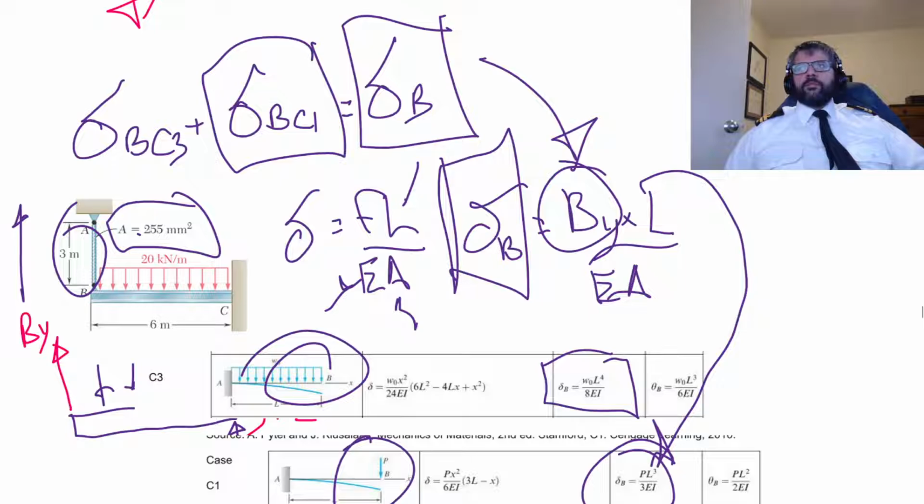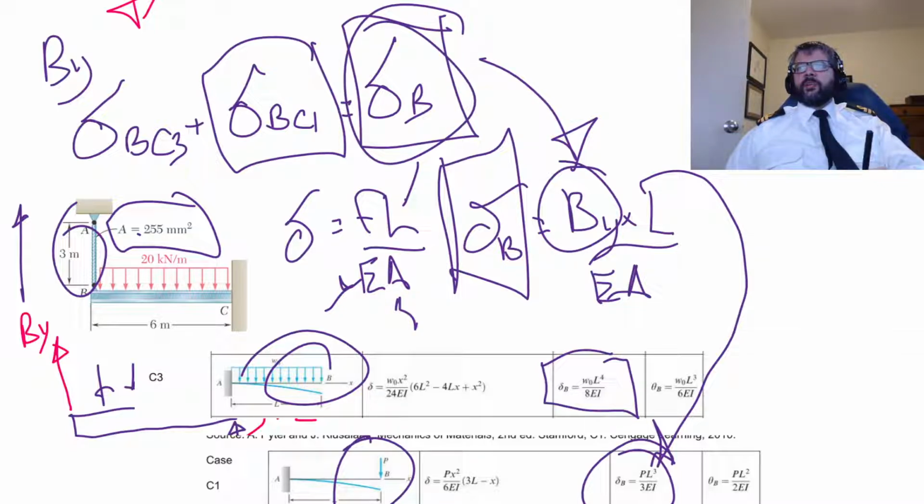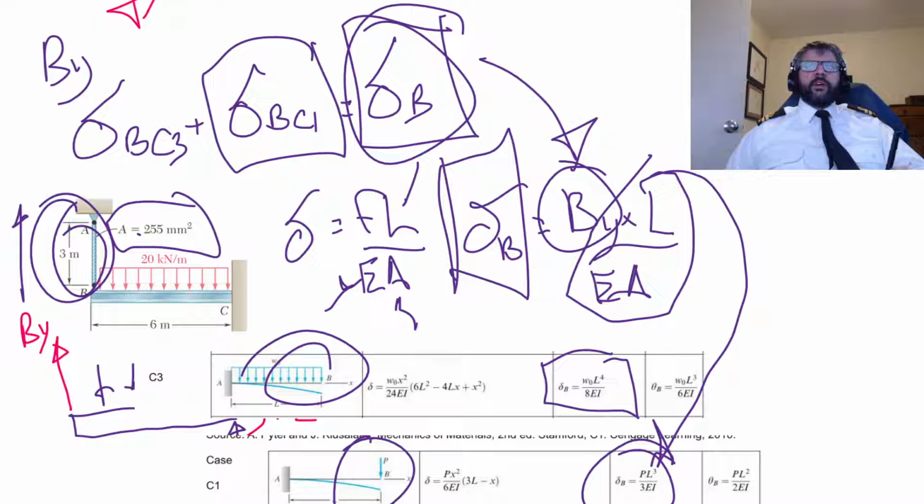So you're going to end up solving for something that looks like, there'll be a BY term here, and BY L to the 3 divided by 3EI, and then this term here will have BY times L over EA, again, different L. We're using this L, not that L, for this one, over EA.